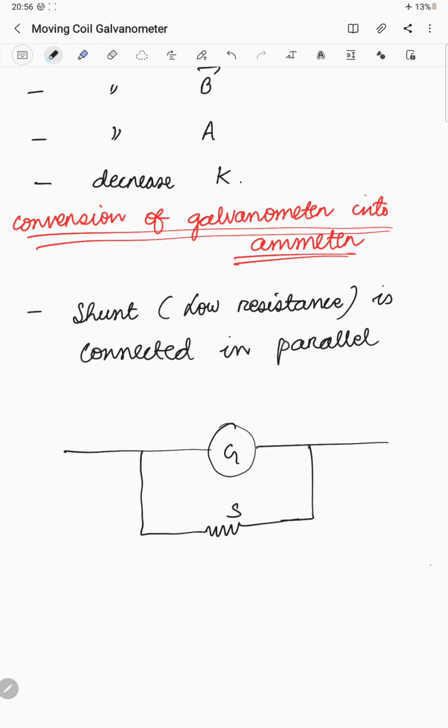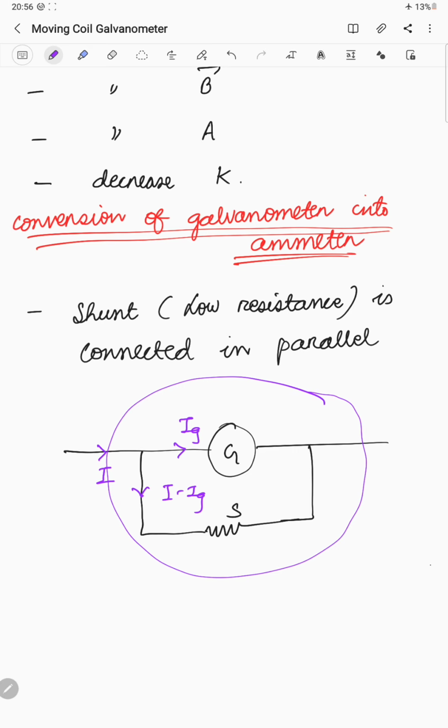Initially, I have my current I which is coming, and this galvanometer will take Ig, and the rest of the current will flow through the shunt, that is I minus Ig. So this whole circuit, the galvanometer with the shunt connected parallelly, will behave like an ammeter.